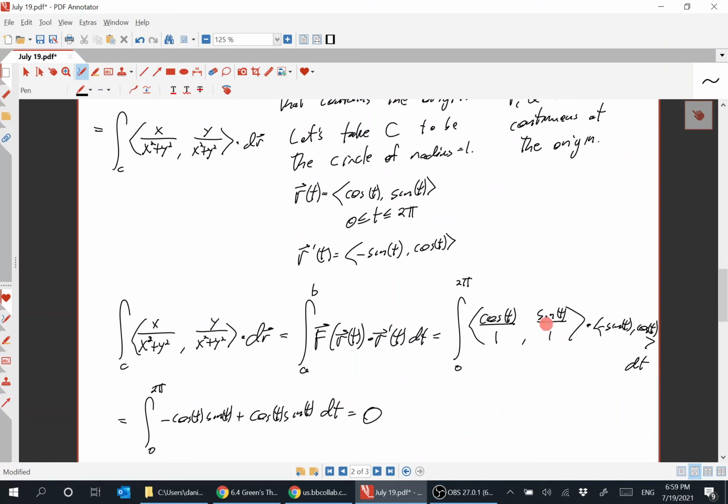So this is f of r of t, and that's r prime of t. So the dot product is minus sine times cosine plus sine times cosine, which is 0. So how are they getting 2 pi?